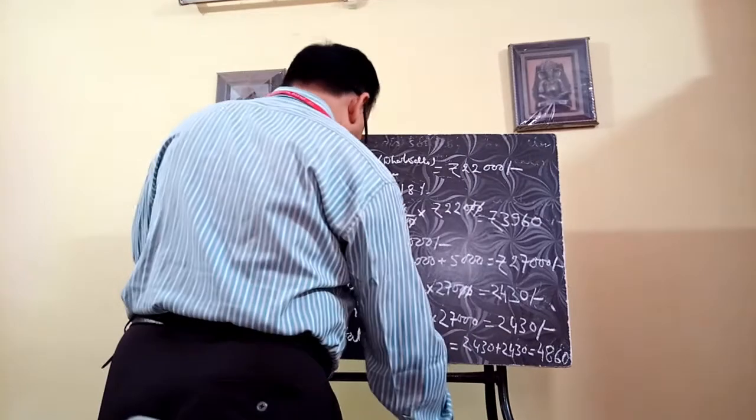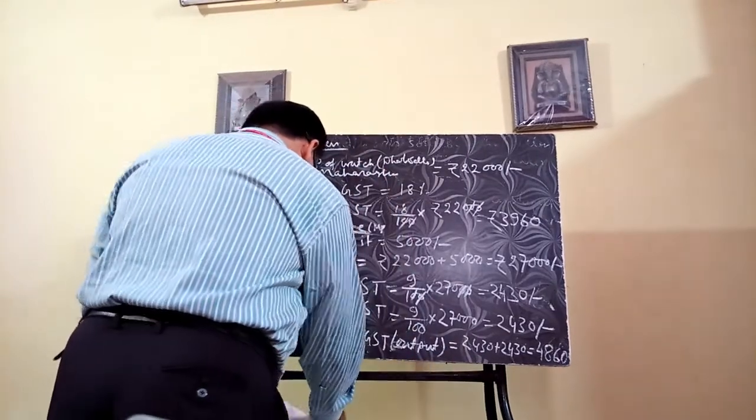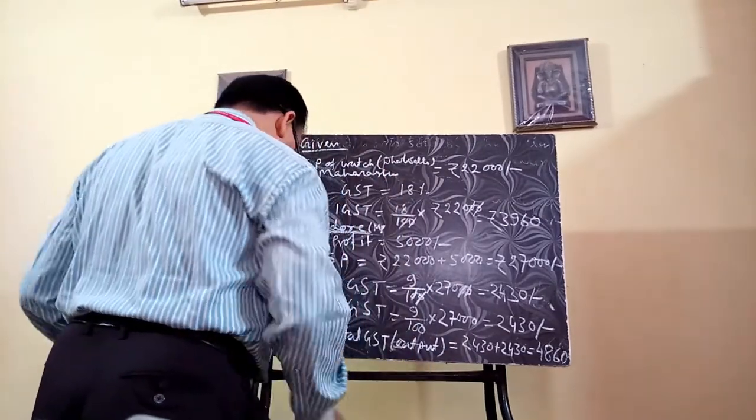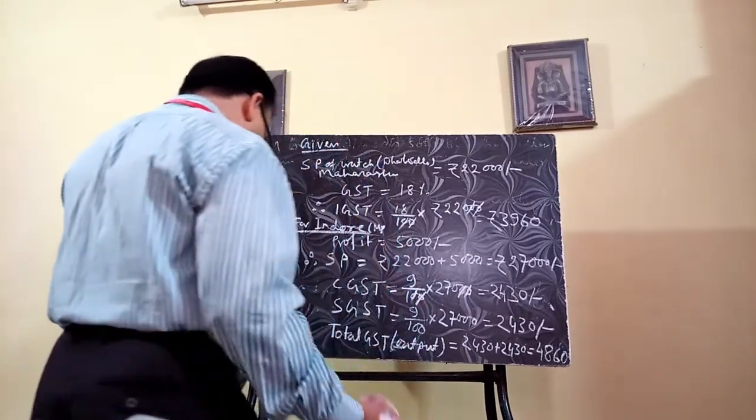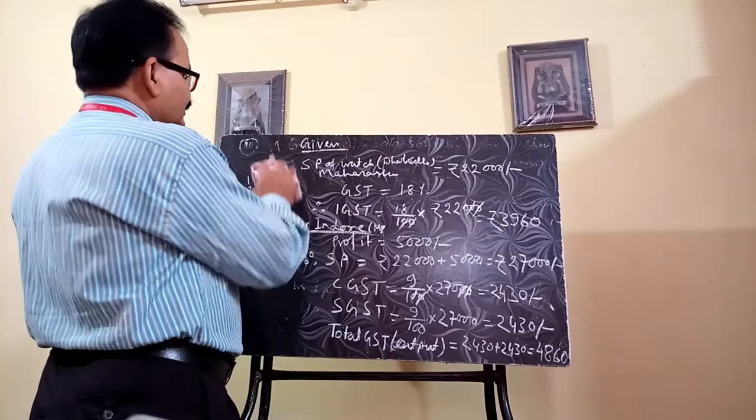Okay. Now again I have to remove this for space. What will happen now? The net GST that is to be mentioned.